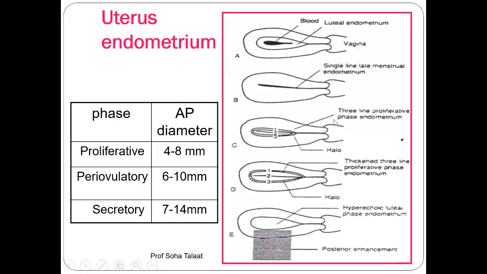And then the proliferative endometrium with the 3-line sign, and then the thickened 3-line proliferative endometrium, which is more proliferated under the effect of estrogen, and then the hyperechoic luteal phase, where we see the endometrium hyperechoic with posterior enhancement due to the thick secretions in the endometrial glands occurring in the secretory phase.